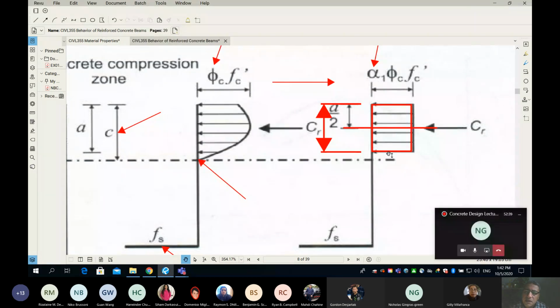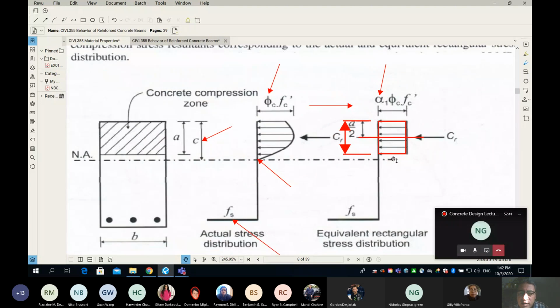Okay, thank you. Again, one more time for whoever is shy or maybe doesn't follow, the reason we go from the actual one, which is parabolic, to a mathematical replacement is that it will be so easy when we start to derive some equations. We're converting a parabola into an equivalent rectangular block, and it's not very difficult.